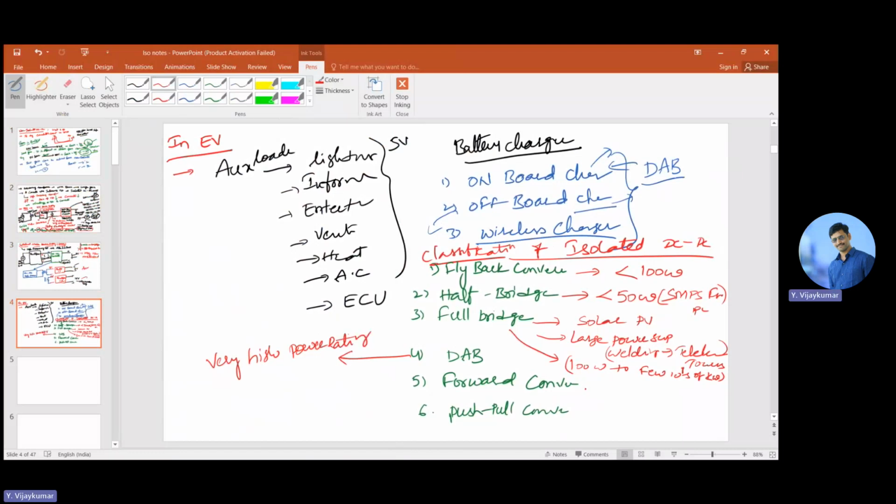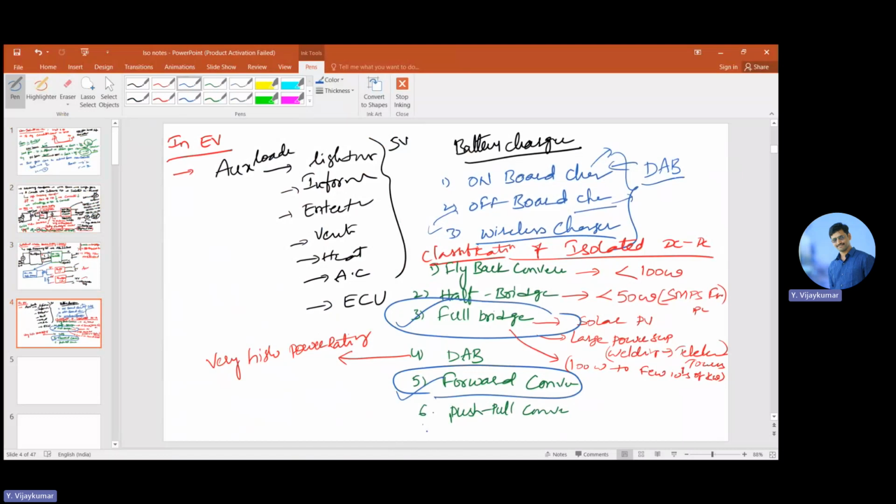And we also have forward converters and push-pull converters. Now, out of all these classifications, in the syllabus we have forward converters and full bridge converter. Okay, so first we'll discuss forward converters and full bridge converter as a part of the syllabus.